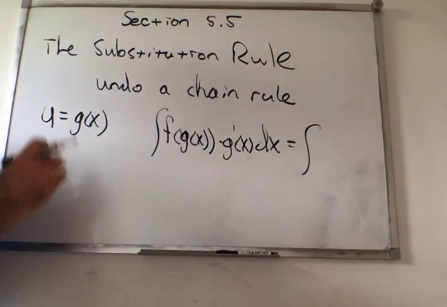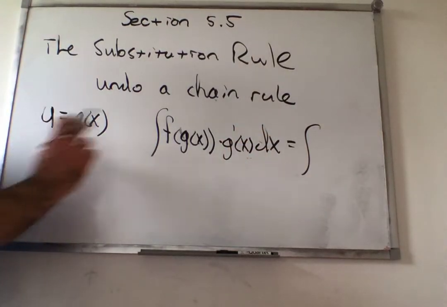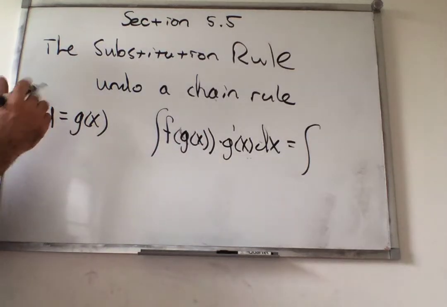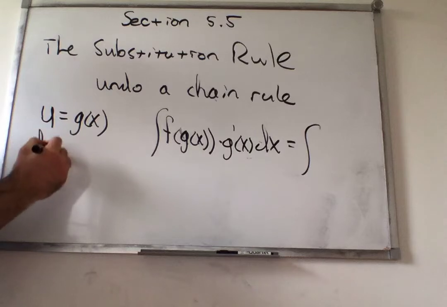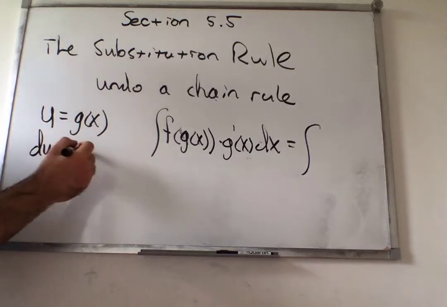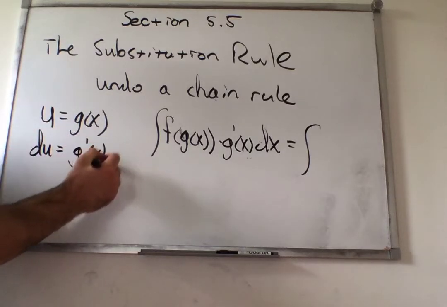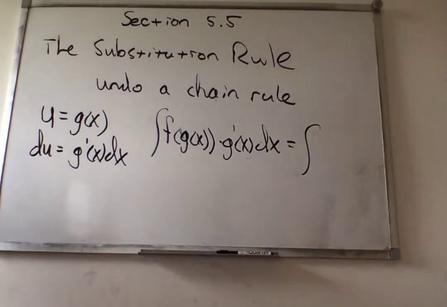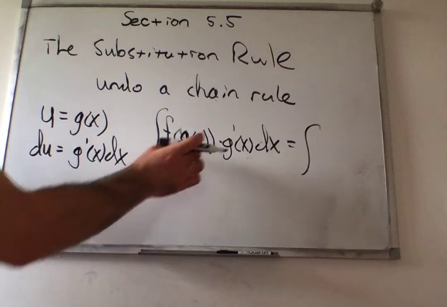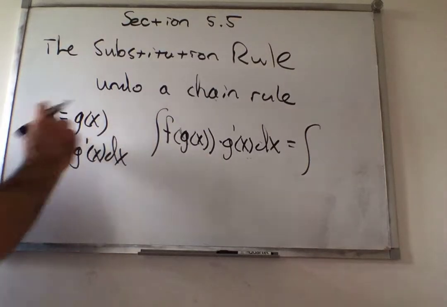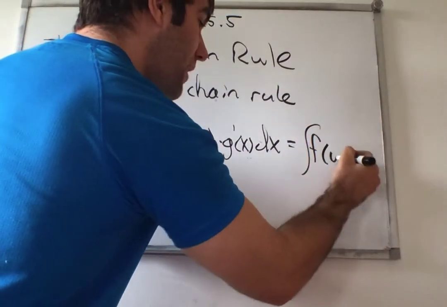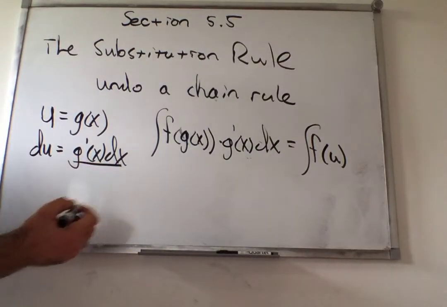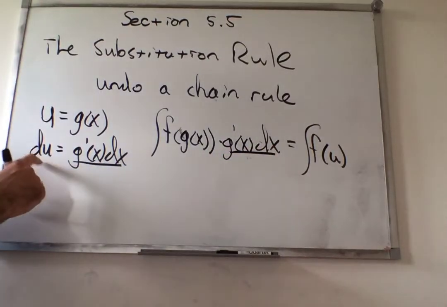So what this is saying is if we could rewrite our inside function as a u, I'm going to differentiate with respect to u, and I'm going to get g prime of x dx. So what we can do is make a substitution. Instead of g of x, I'm going to write a u. So this is going to be the integral of f of u, and if you notice, g prime of x dx, that's going to be du.